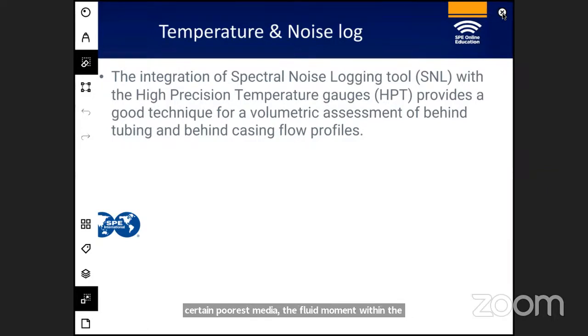So they can tell you that at this frequency the fluid is moving in the reservoir from rock to rock, or in a carbonate reservoir, or that gas is moving from annulus to tubing. So they have some measurements established. Another is the high precision temperature. Together they're called HPT SNL. In normal terminology, it's called noise and temperature log.